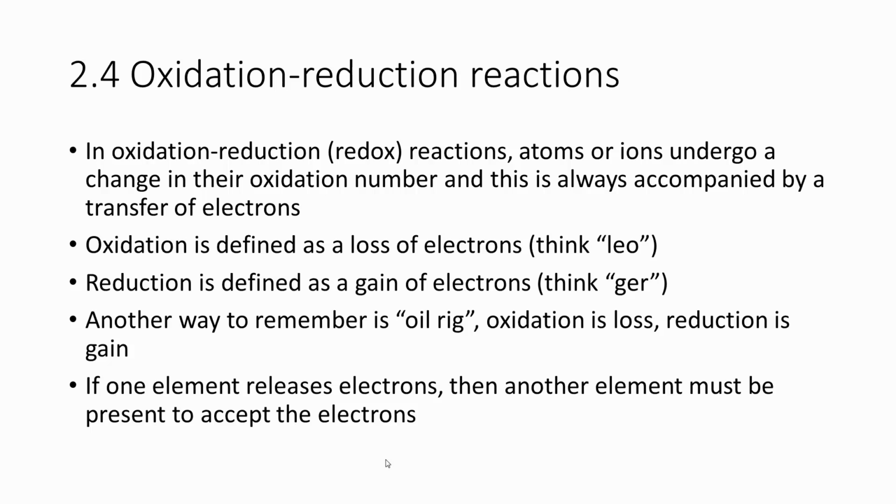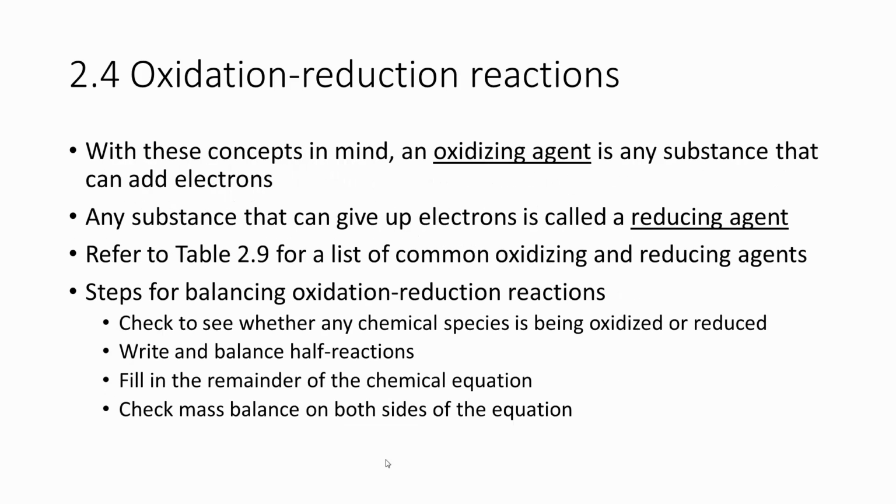If one element releases electrons, then another element must be present to accept the electrons. Furthermore, with these concepts in mind, an oxidizing agent is any substance that can add electrons. And any substance that can give up electrons is called a reducing agent. Refer to Table 2.9 for a list of common oxidizing and reducing agents.